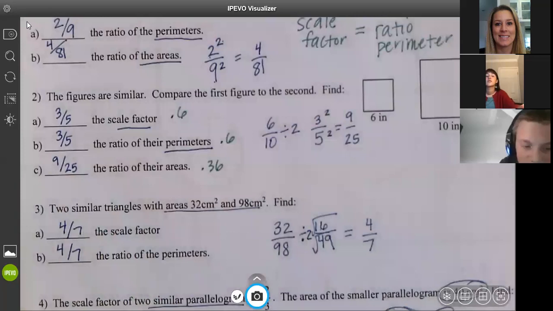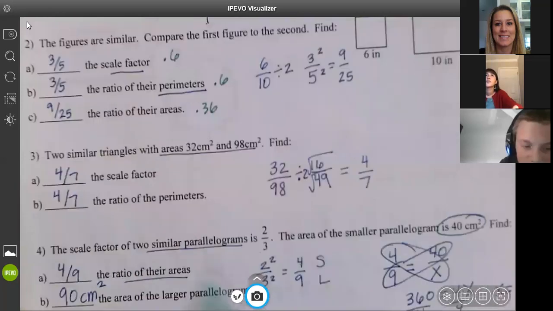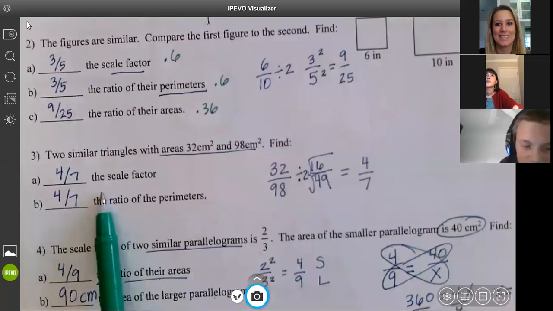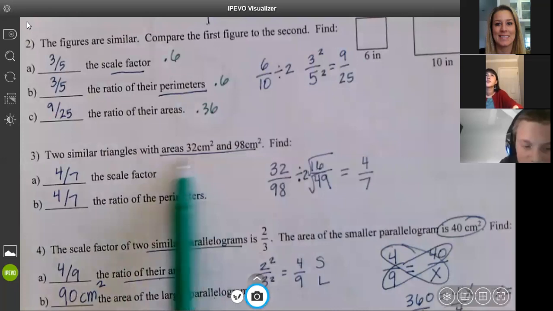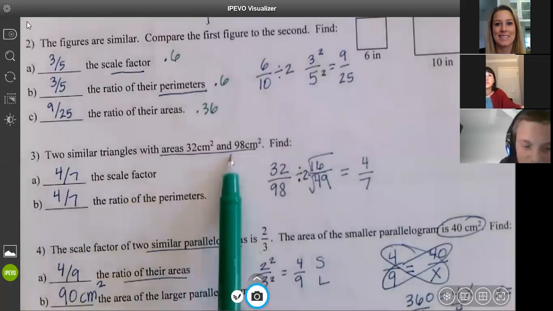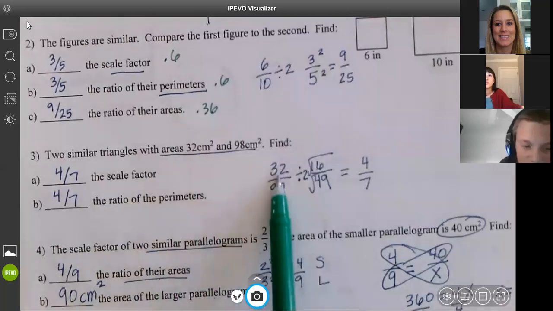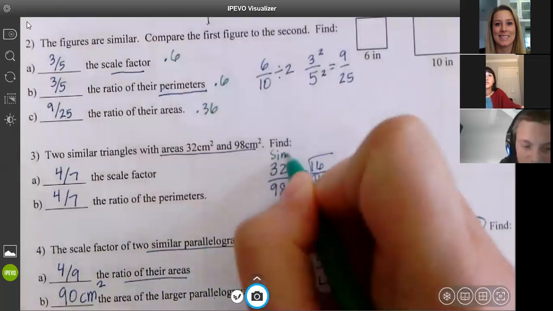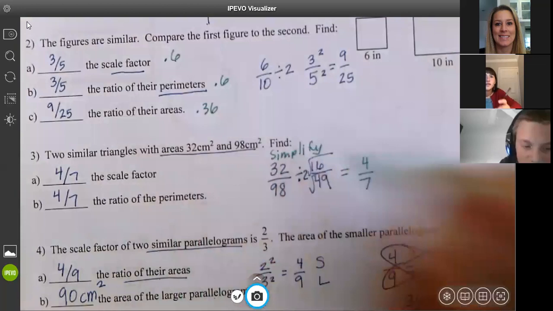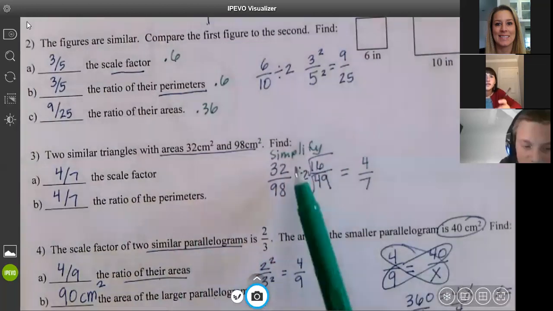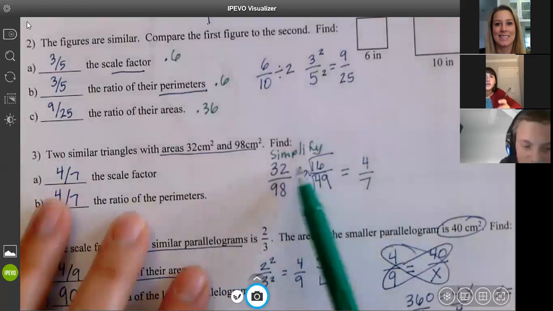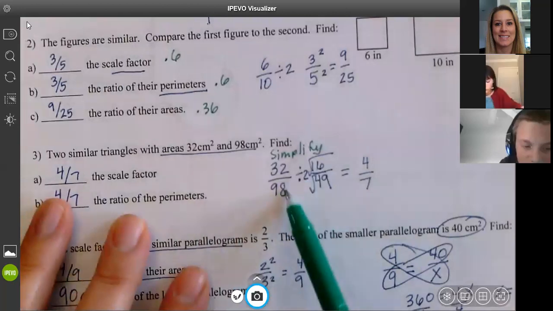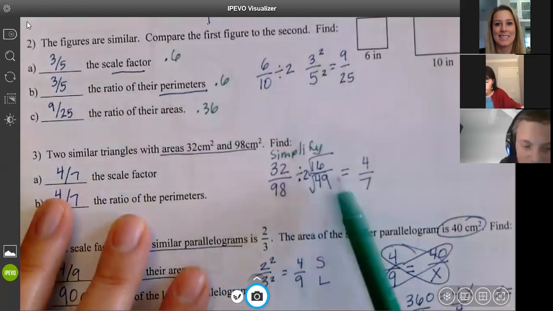Okay. Then on 3, you're kind of going backwards. If you know that the area ratios of two triangles are 32 and 98, I first divide both of them by 2, so I simplify first, and you get 16/49.